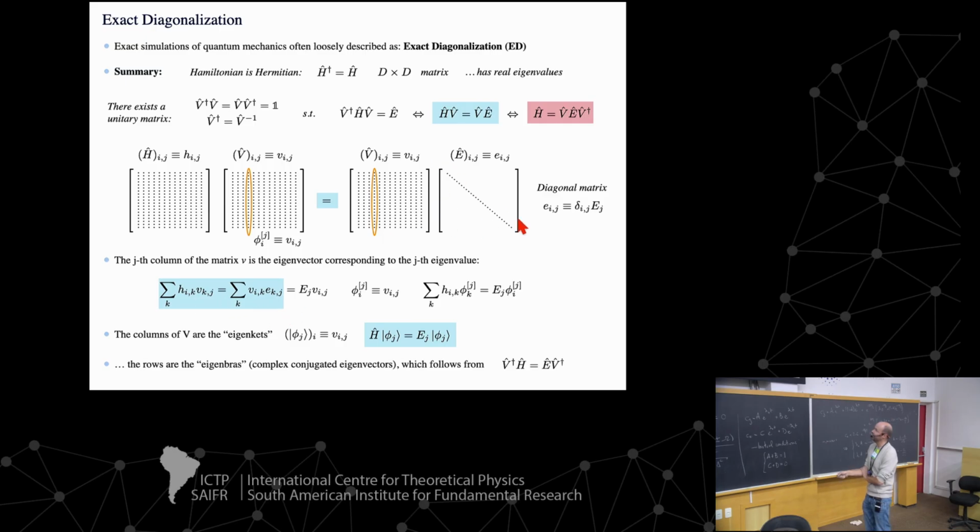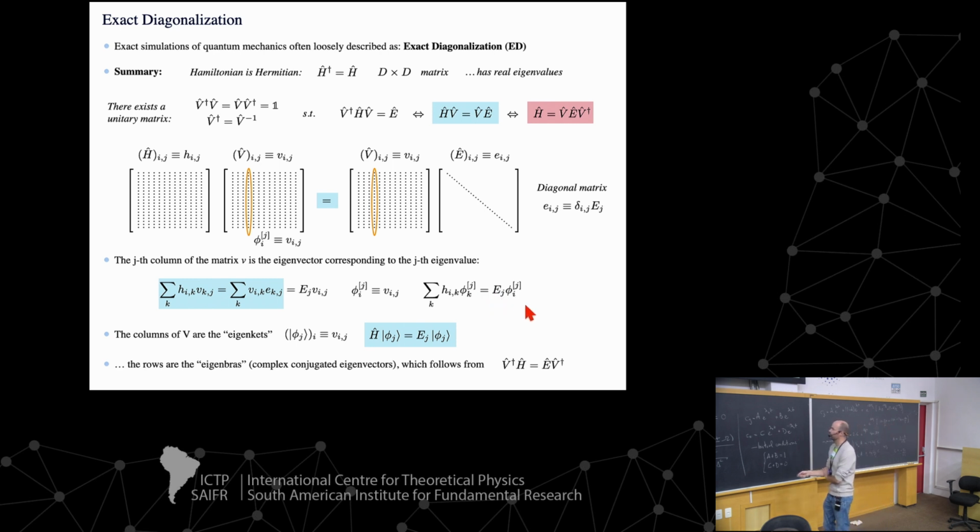Then from this simple equation, I see that on the right-hand side I have a diagonal matrix. Diagonal matrix means that the elements of this matrix E_ij are related with this Kronecker delta, with just E_j. The right-hand side of this equation becomes very simple, it becomes E_j v_ij, and now if I define this eigenvector here, I see that this is really a matrix vector multiplication with E_j being the eigenvalue of this vector.